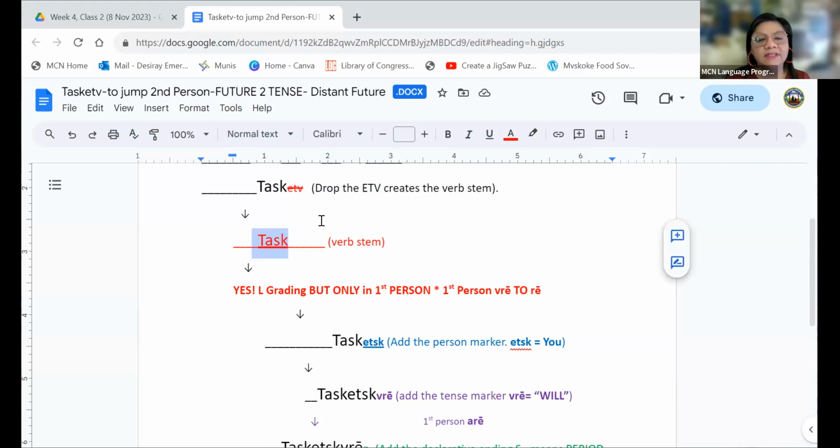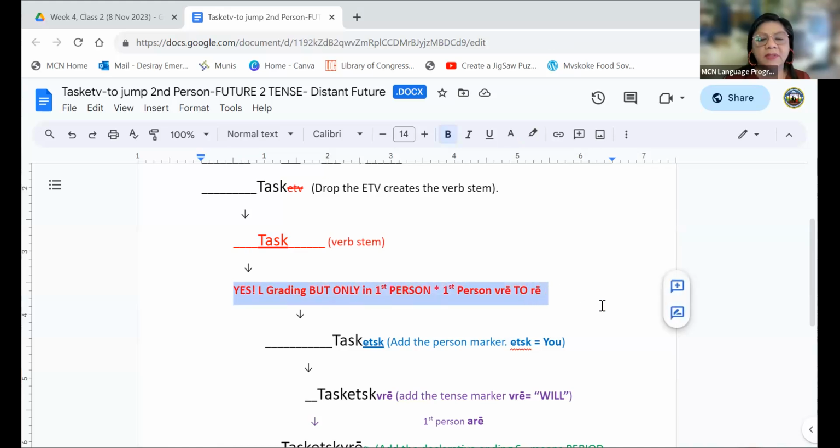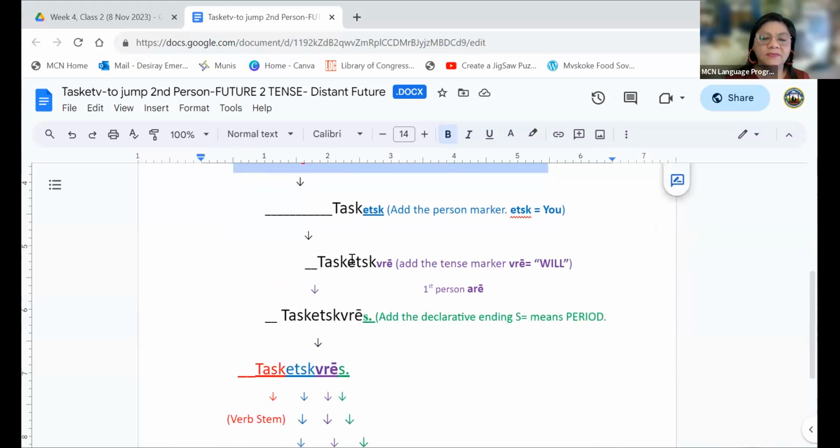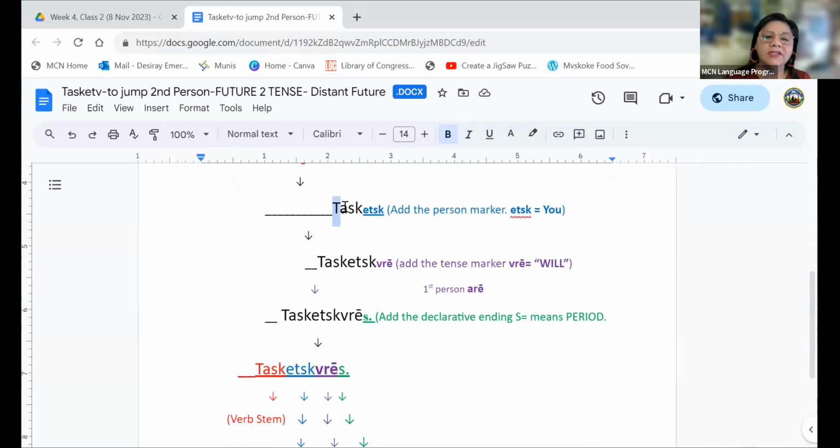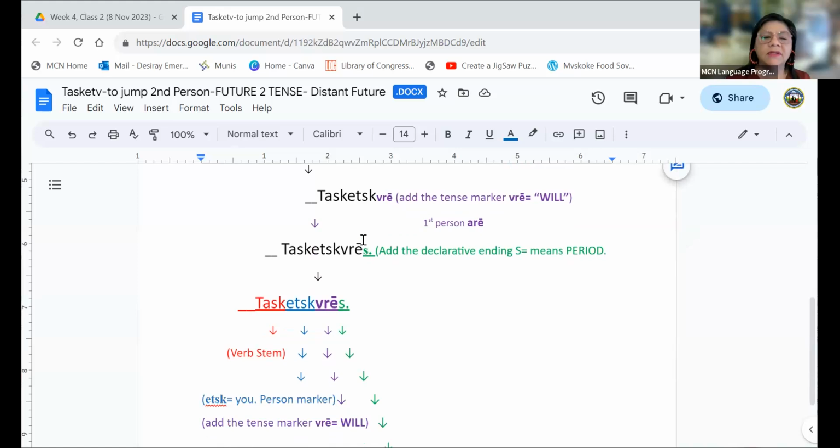Daskida, the verb stem, again, it's also called the root. Since we are also doing the second person, this does not apply. I left it there just to keep the same. So you got your verb stem, dask, add your person marker, it's, which again right here is you. Dask, it's, you add your athi, which means will.